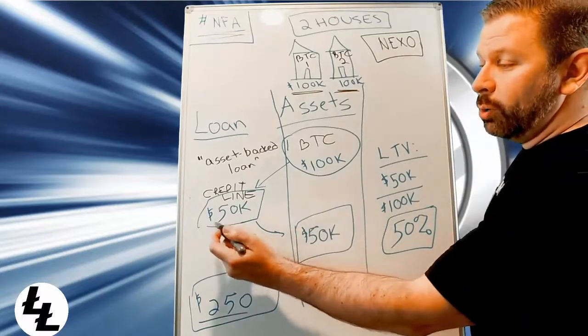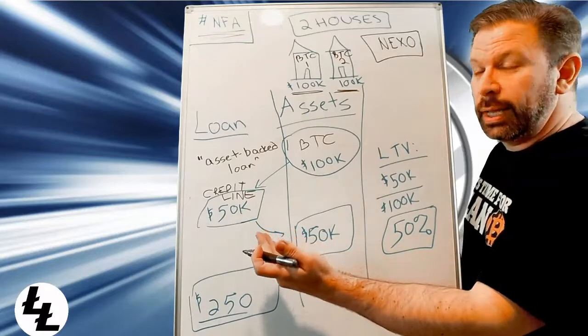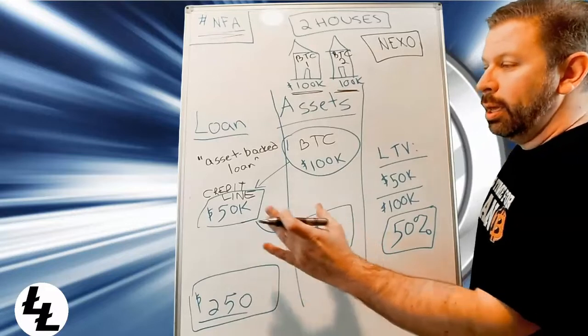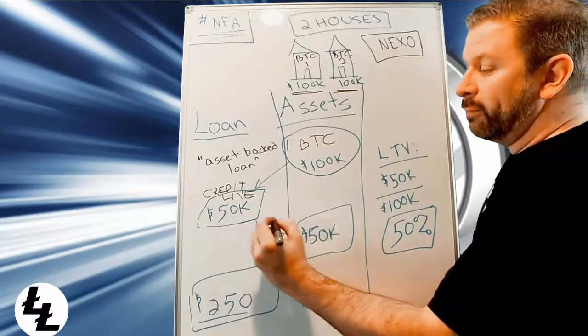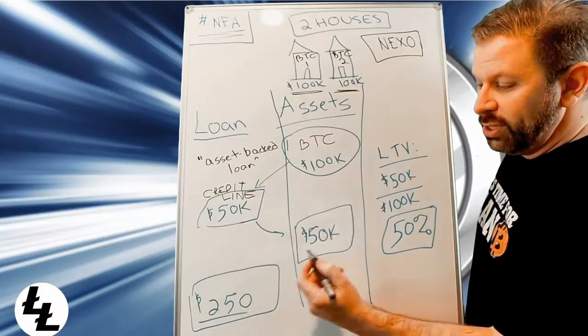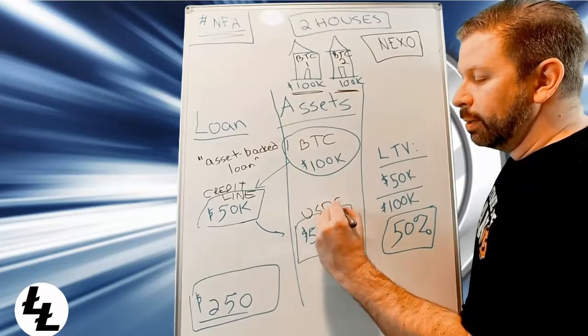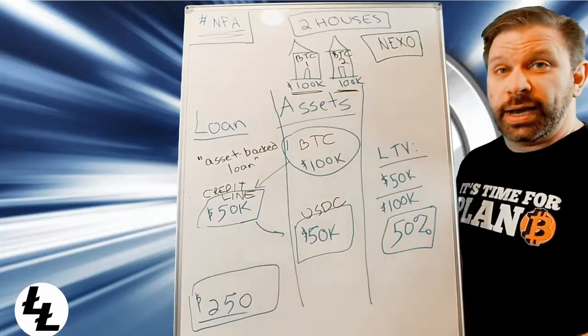I can borrow up to $50,000 and take that $50,000 and move it right back into my asset column, because I will borrow it in the form of USDC instead of dollars. So it'll be a crypto version, USDC instead of dollars, but still worth $50,000.